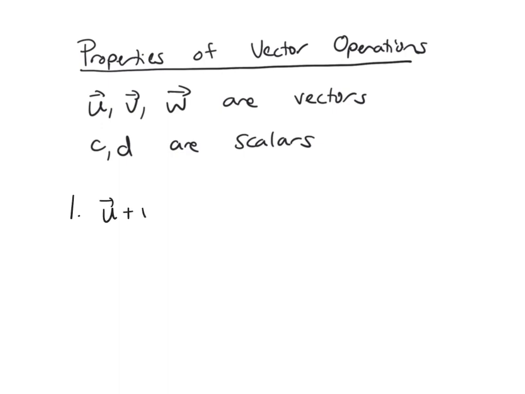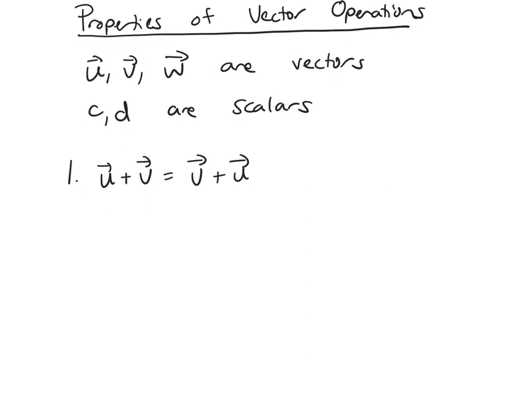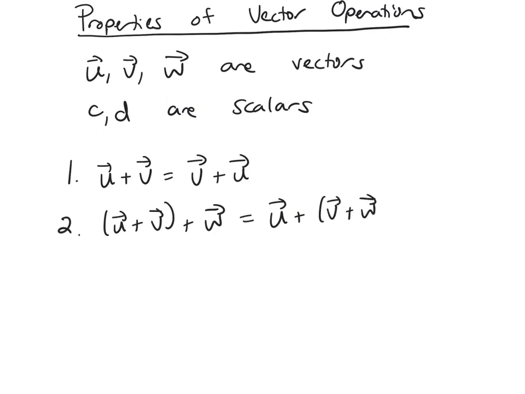So the first one is if I add two vectors together, addition is commutative. So u plus v is the same thing as v plus u. Addition is associative, so if I add u and v together and then add w, it's the same thing as adding u to the sum of v and w.